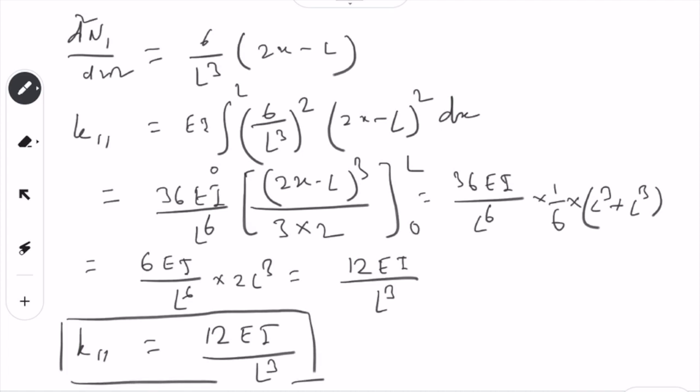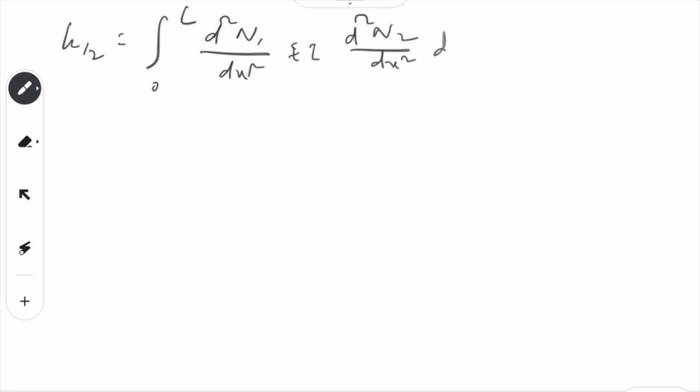Now, we can find out K12. If you want to find K12, you can use this formula: the integral of d²N1 over dx² times EI times d²N2 over dx² dx.